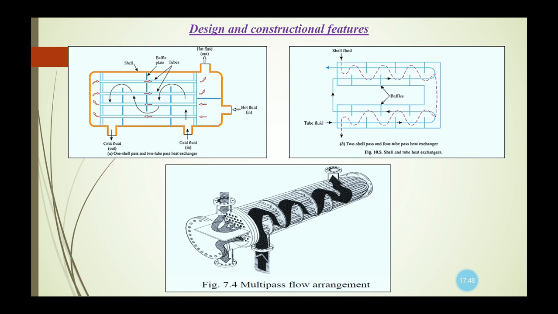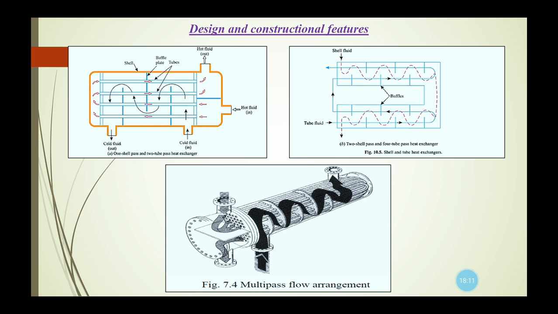The first one is the concentric tube. What happens in this concentric tube type of heat exchanger? Here two concentric tubes are used, each carrying one of the fluids.